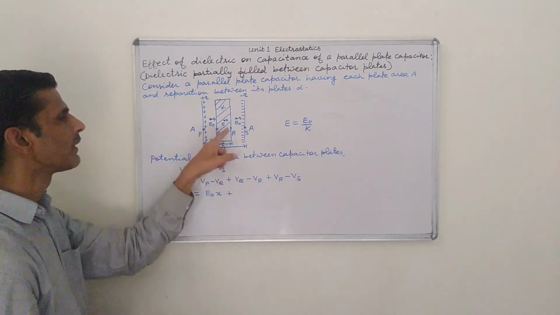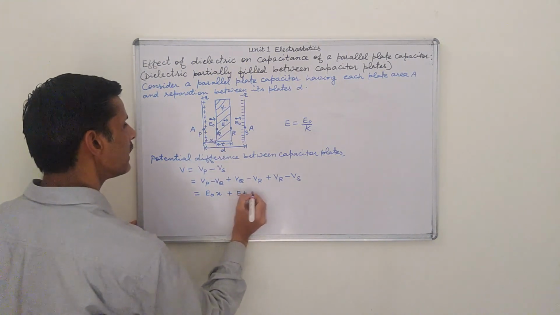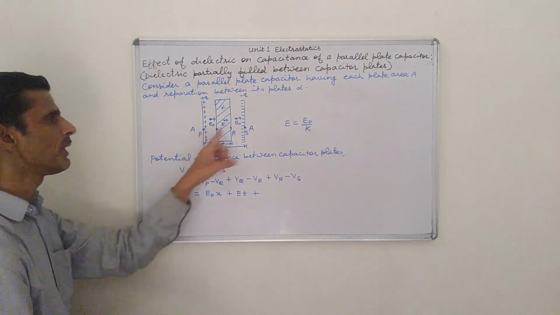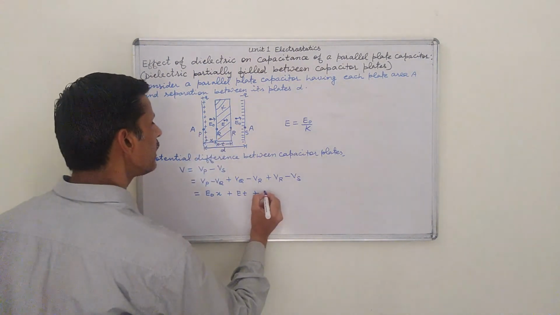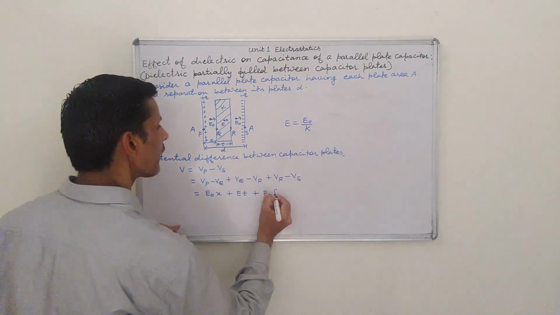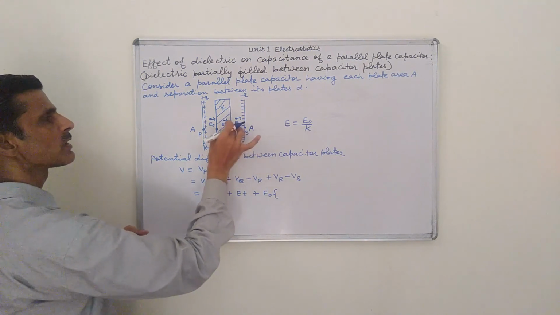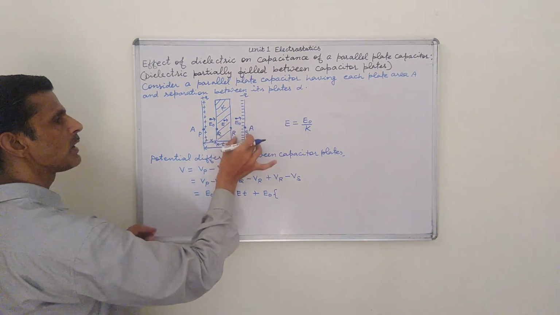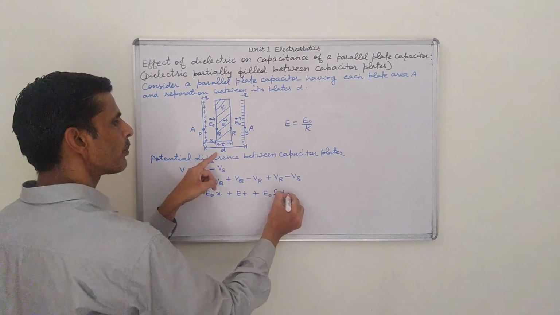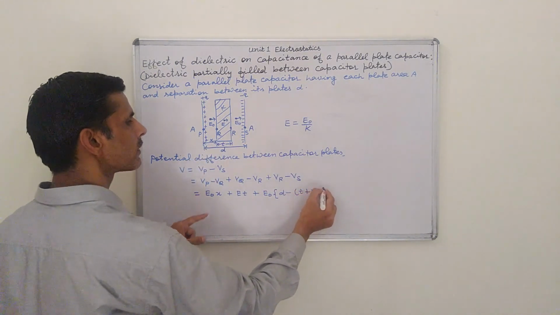Vq minus Vr is E multiplied by T, plus Vr minus Vs is E naught multiplied by the distance between points R and S, which is D minus T plus x.